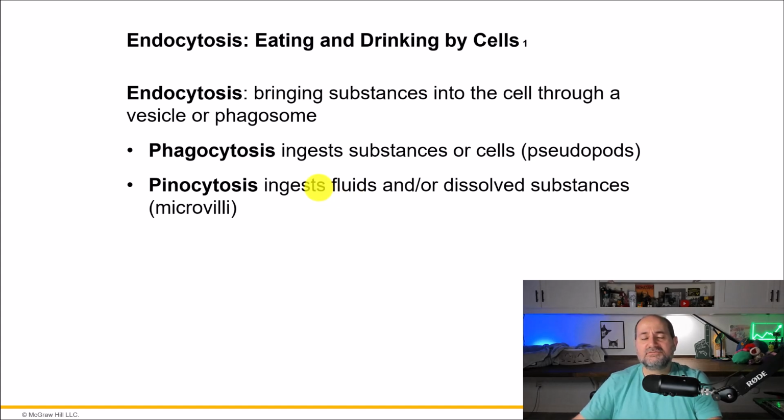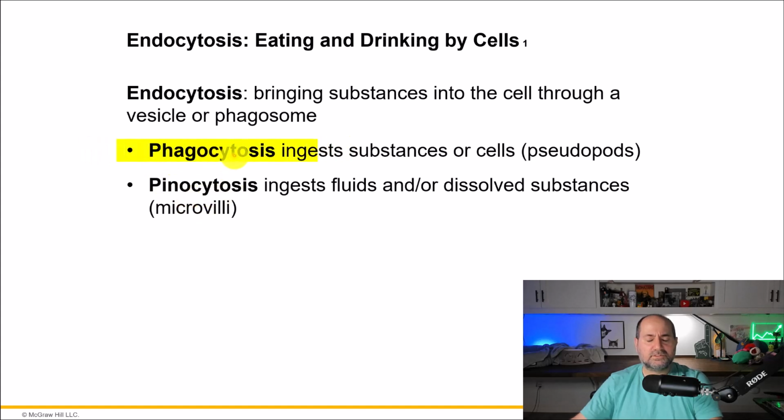And there are many different types of active transport, but we're going to talk about endocytosis and exocytosis, right? Those are the ones we're going to talk about, starting with what's called endocytosis. Endocytosis means bringing substances in through the membrane. And this is either going to result in bringing in solids, which is called eating or phagocytosis, or bringing in liquids, which is called drinking or pinocytosis.